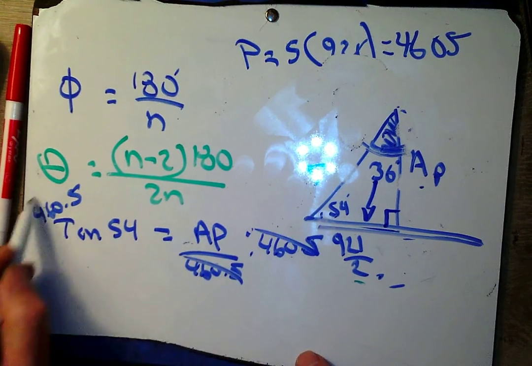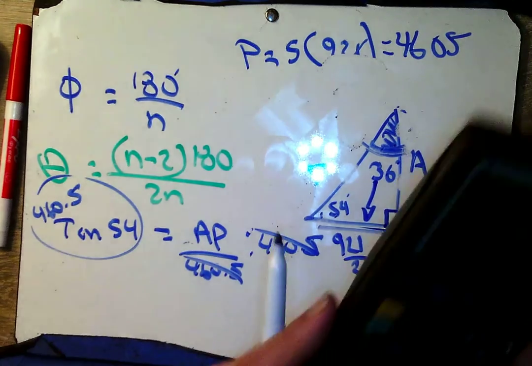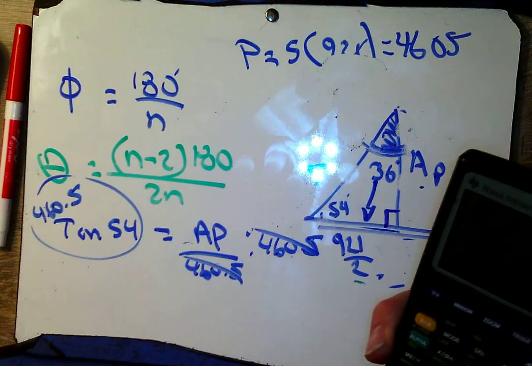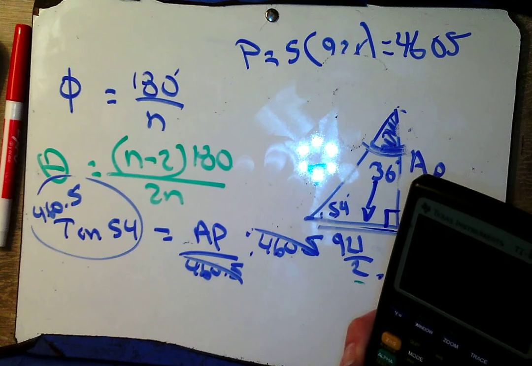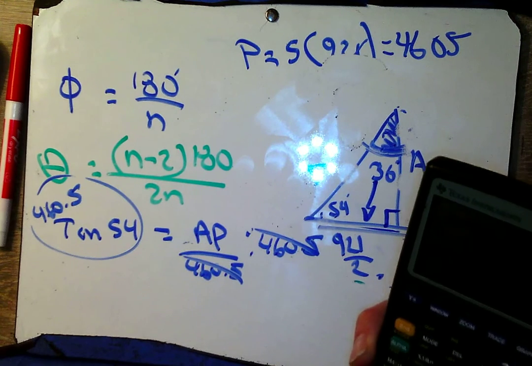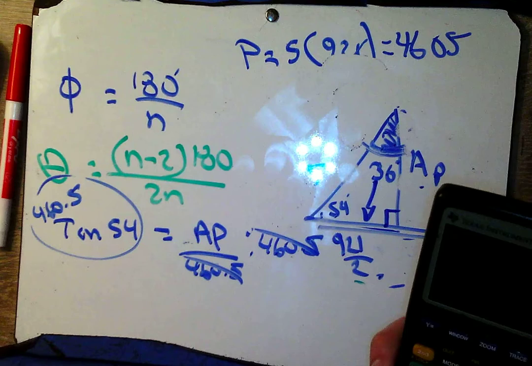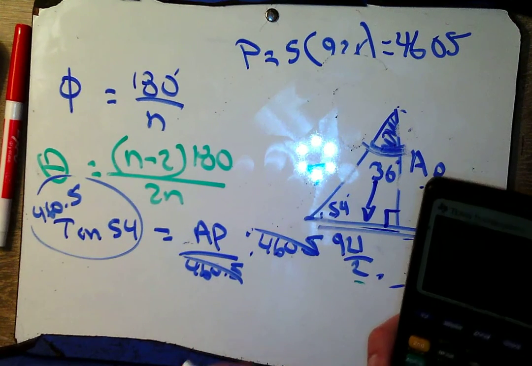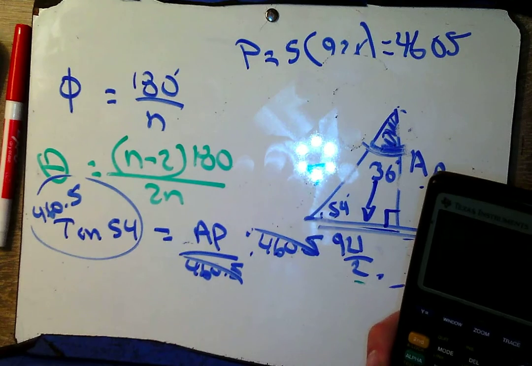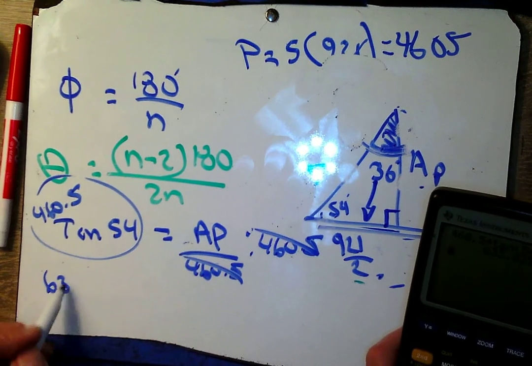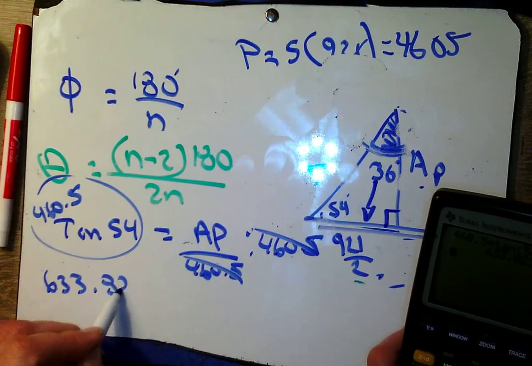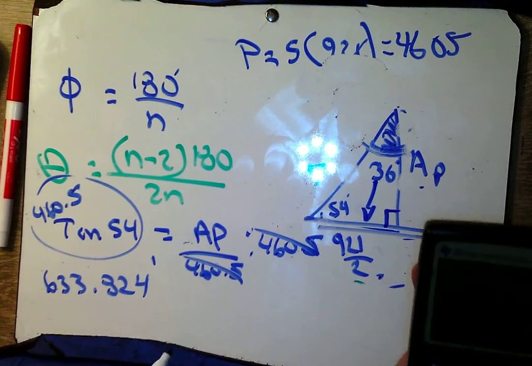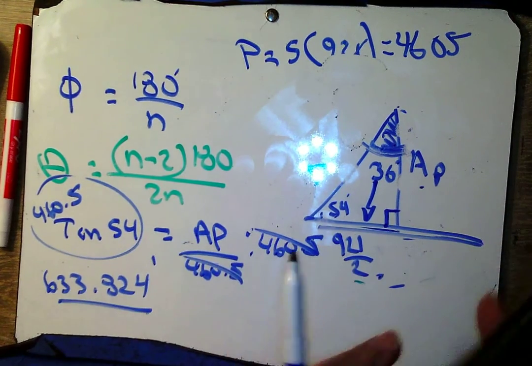So those go away, and that's my apothem, which is 460.5 times tan 54. Oops, let's see, I have some things here. So insert 460, yes. And I get 633.824 feet.